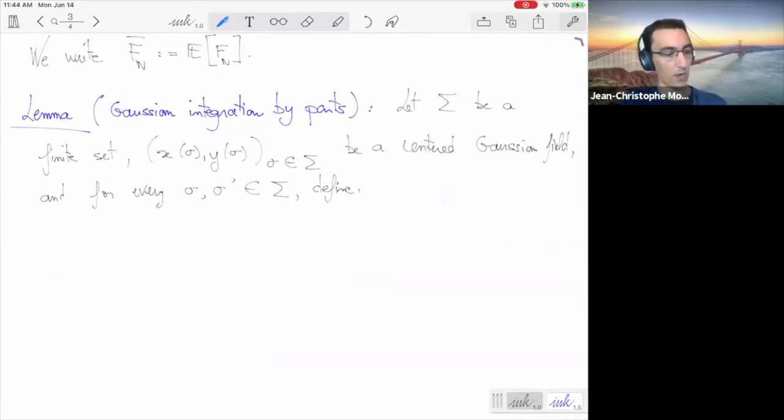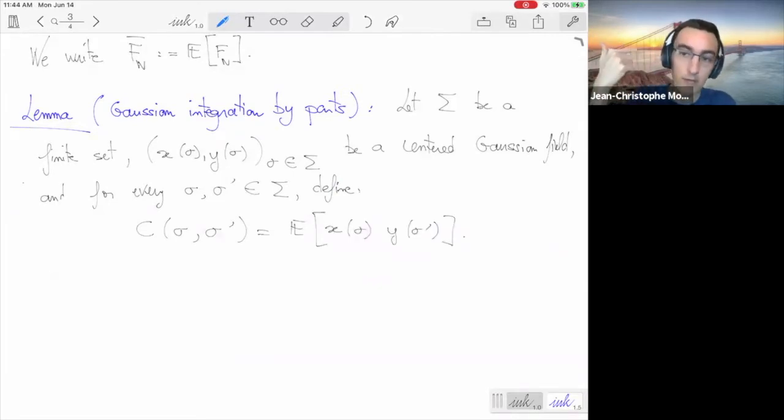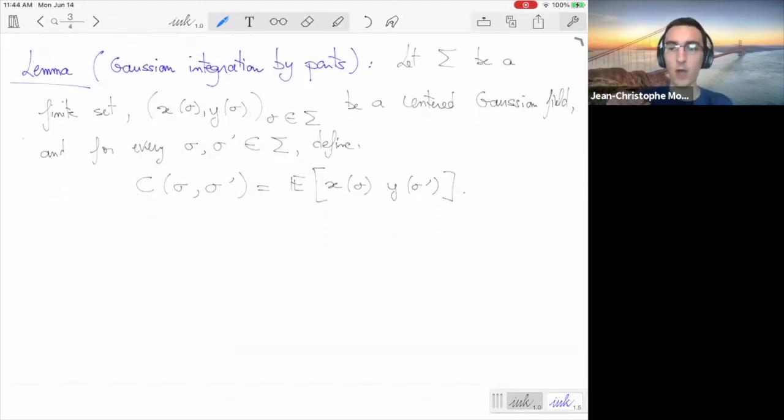For every sigma and sigma prime, let's define this covariance between x and y at sigma and sigma prime. I'm going to denote it by C of sigma sigma prime. So it's the expectation of x of sigma, y of sigma prime. It's going to be useful because, as in the lemma of last week about Gaussian integration by parts, when we do this we will see covariances appear. Remember there was this x minus x prime, and we have something similar here.